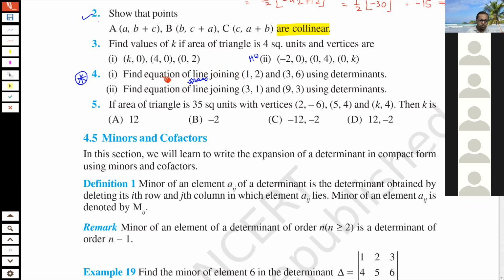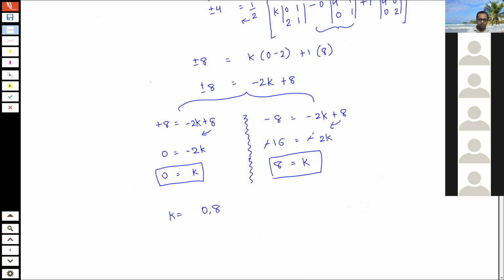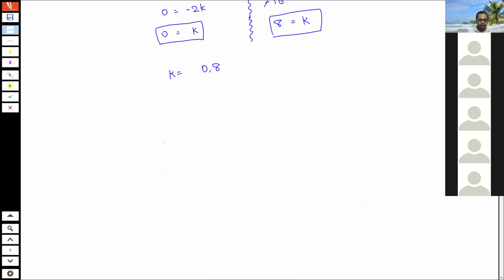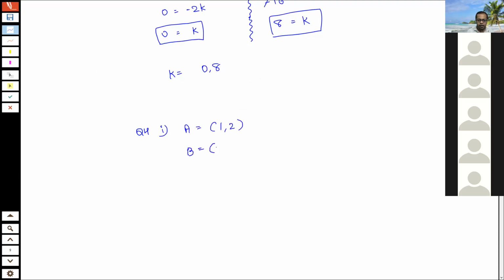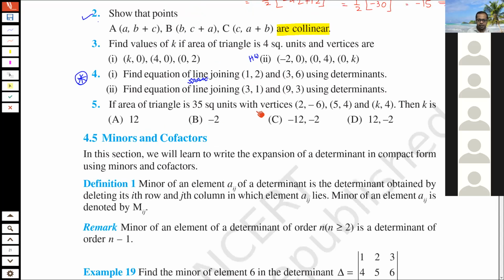So what you are supposed to do, let us note in this question. Question number 4, sub question number 1. Let's say my points are 1, 2, and 3, 6.